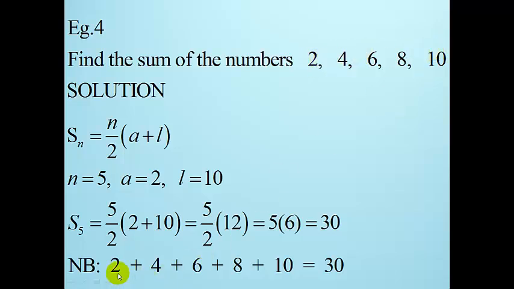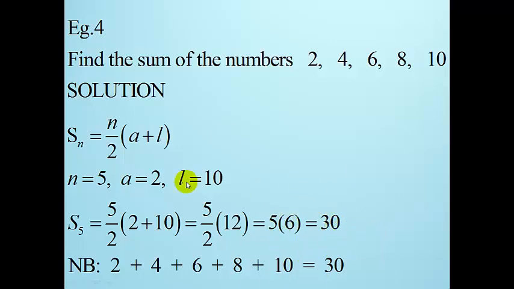So let's add 2 plus 4 plus 6 plus 8 plus 10. 2 plus 4 is 6, and 6 plus 6 is 12. 12 plus 8 is 20, and 20 plus 10 is 30. So we can see that we are getting the same answer.